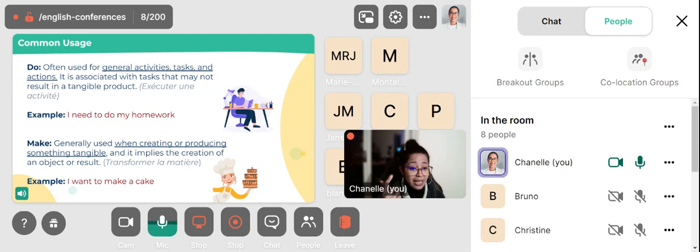So that's why you can think about do as certain tasks and actions. For example, I need to do my homework. My homework, it's a task. It's a general activity. So I know that I will use the verb do. Make is generally used when creating or producing something tangible, and it implies the creation of an object or result.